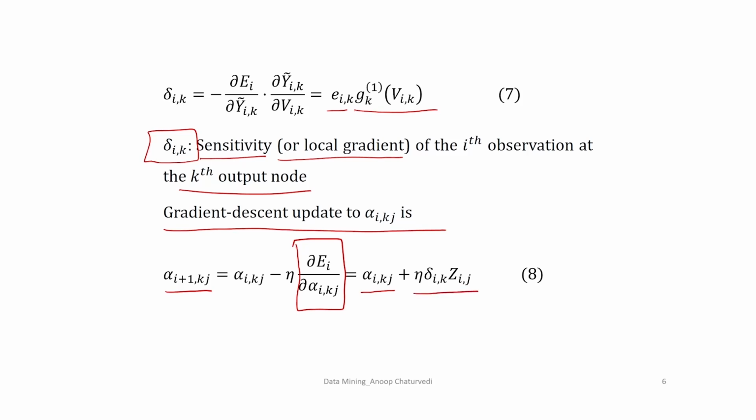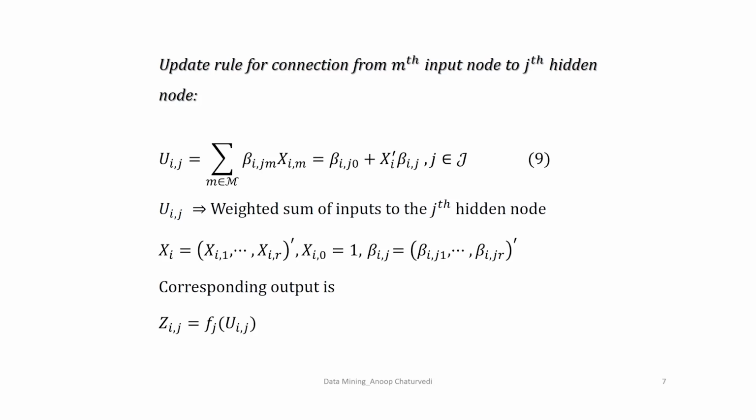So, this is the update rule for α_kj. Then the update rule for connection from the mth input node to the jth hidden node. So, first what we have done? We have formed an update rule for connection from a particular hidden node to a particular output node. Now, we form the update rule for connection from a particular input node to a particular hidden node.